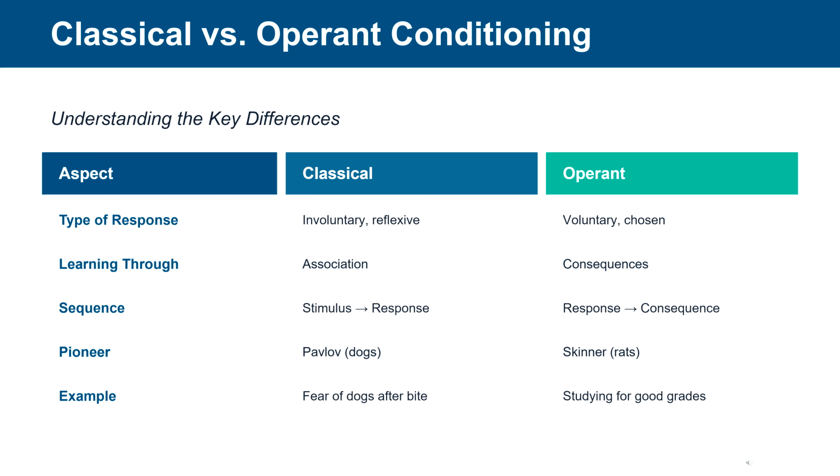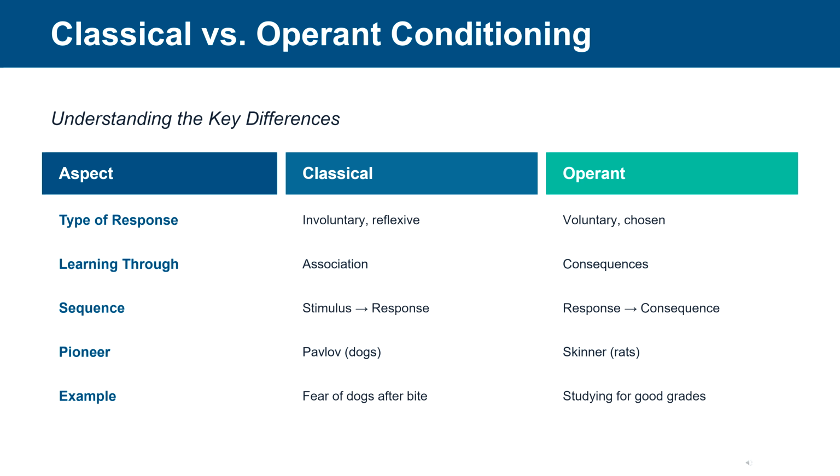It's crucial to understand how operant conditioning differs from classical conditioning. Classical conditioning involves involuntary automatic responses like salivating or feeling afraid. Operant conditioning involves voluntary behaviors, choices we make.